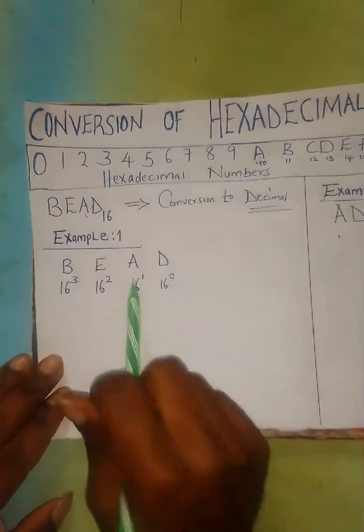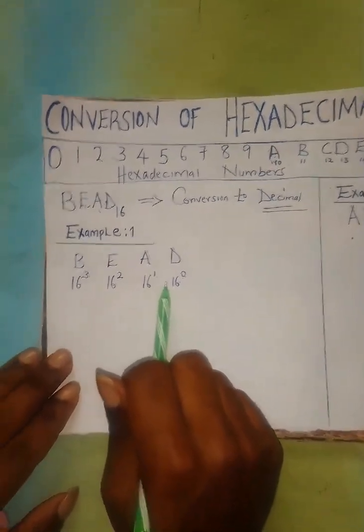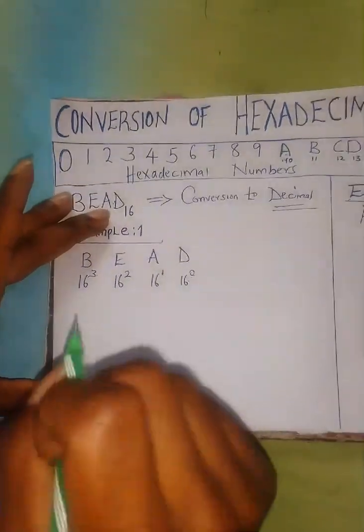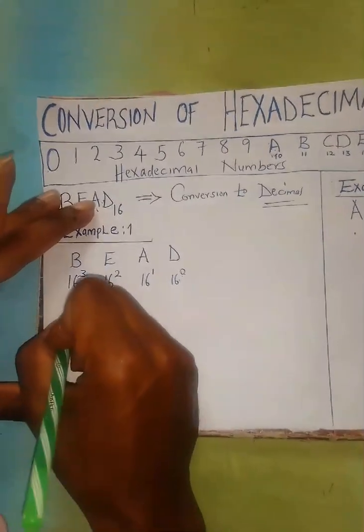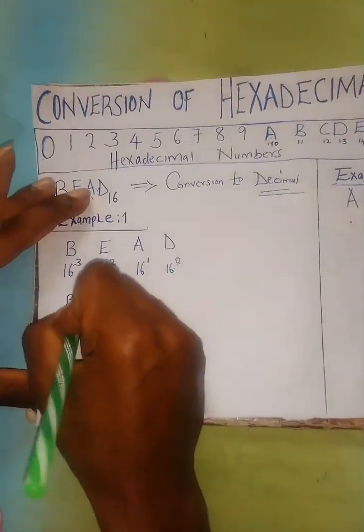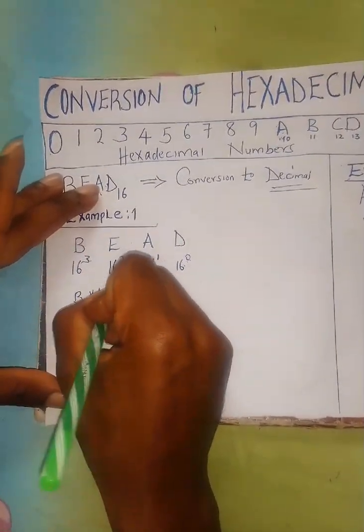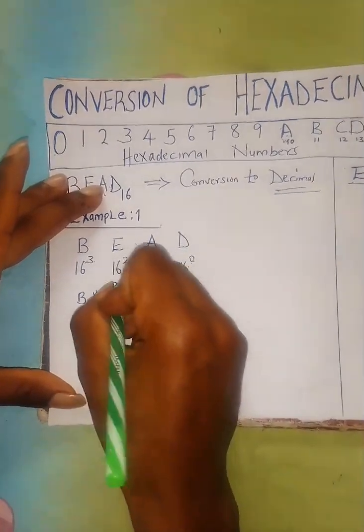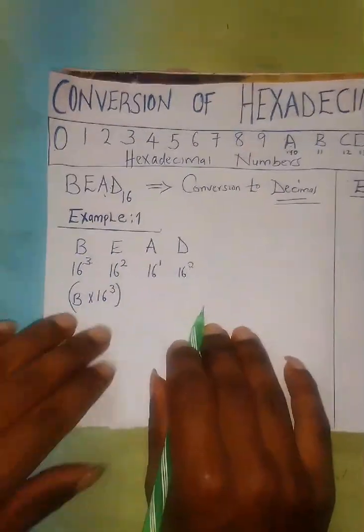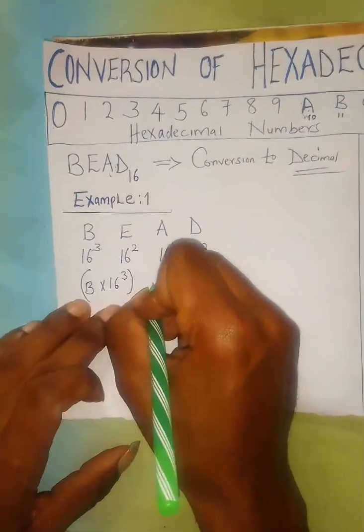So we multiply each digit with its place value. B times 16 power 3.